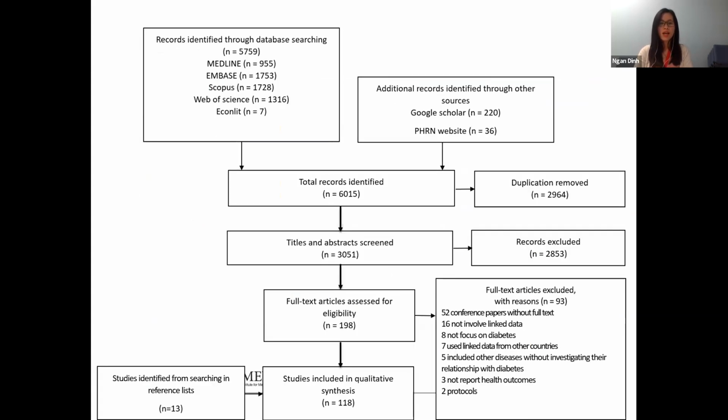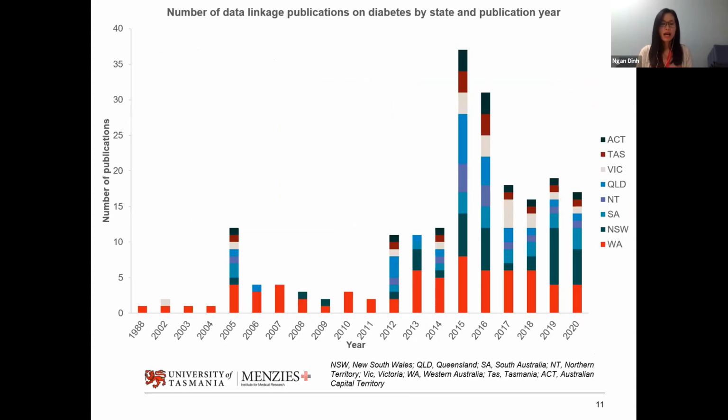And the systematic search identified over 5,000 studies, and after two-stage screening, 118 studies were included in the final analysis. As you can see here, the number of data linkage studies on diabetes has increased over the years, reaching a peak in 2015 and decreasing slightly from 2017.